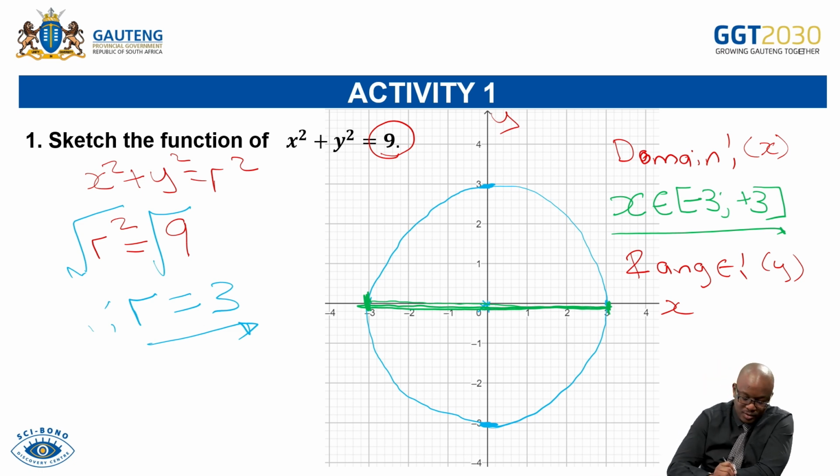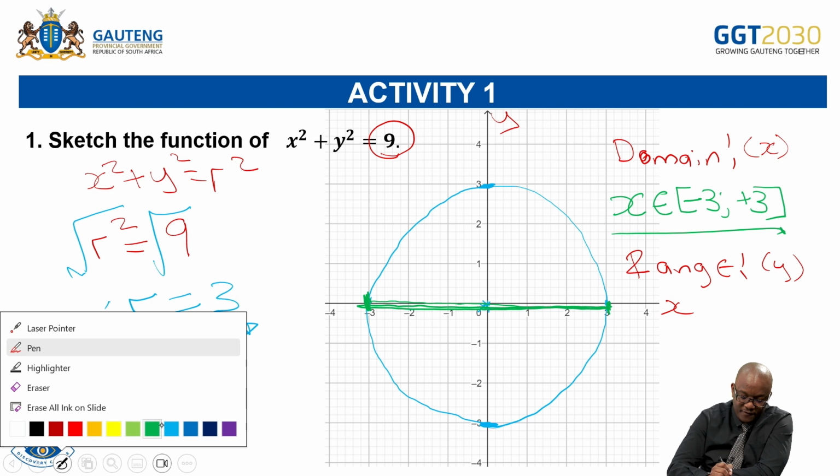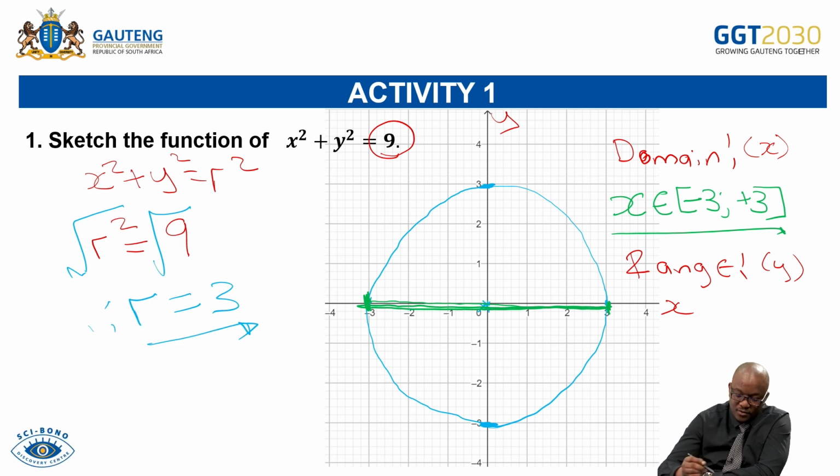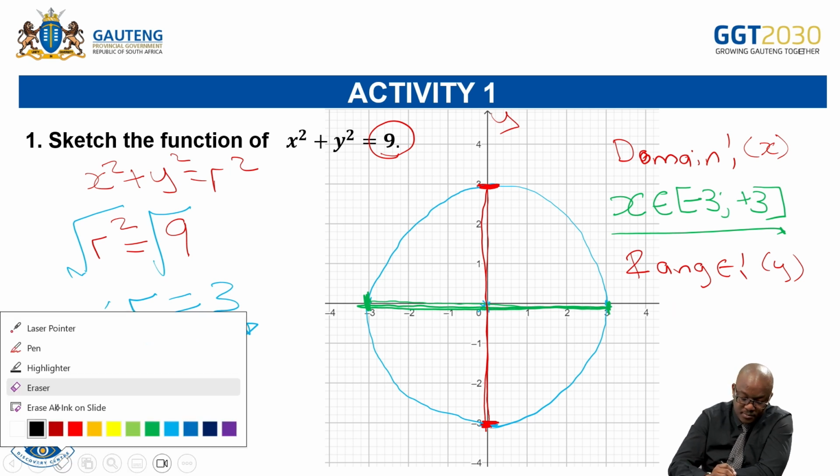The range, we do the same. Y values. This function is defined on the y values from this -3 to that +3. So the y values are defined between those lines there. So your range is the same.